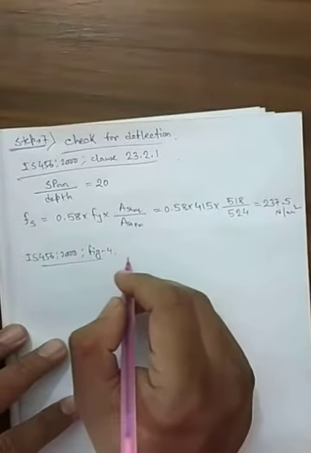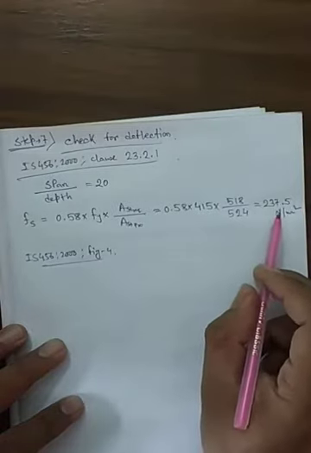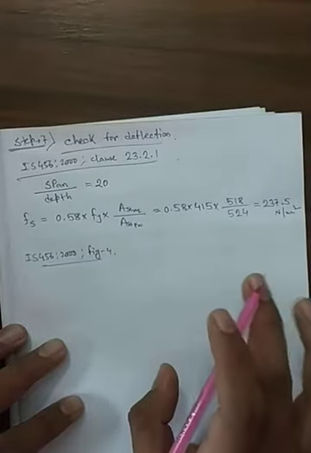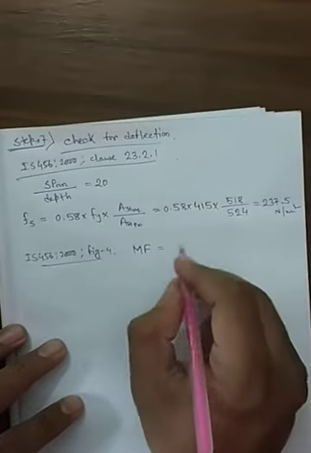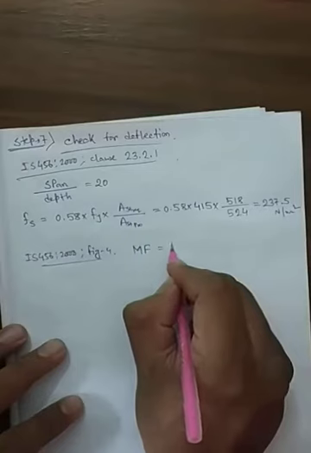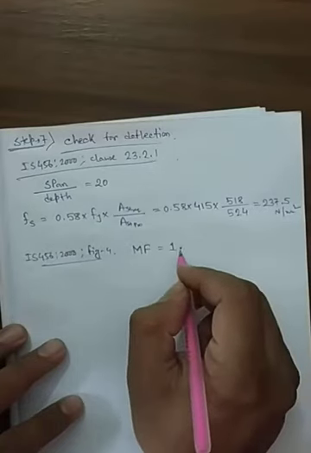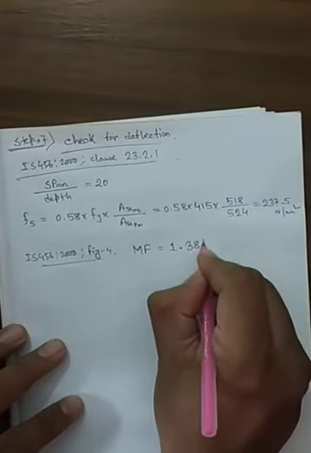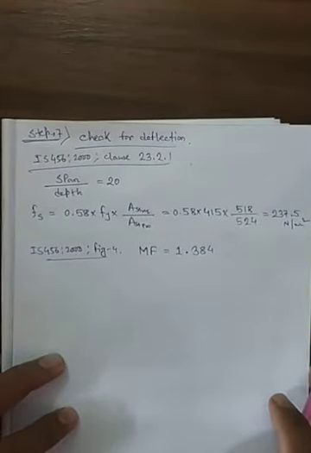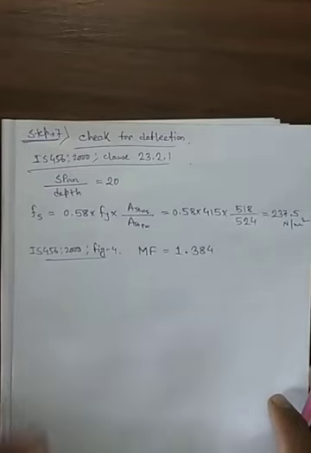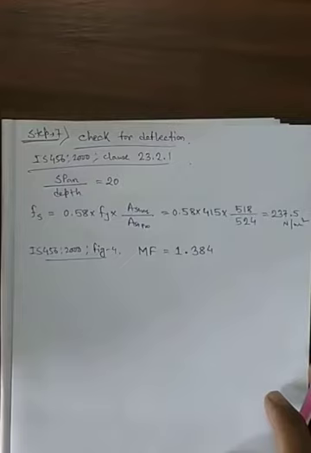So our Fs value is 237.5 and percentage PT is 0.374, right? So from the chart, the modification factor comes 1.384. You can take 1.4, you can take 1.35. You have to take as close a value as you can.